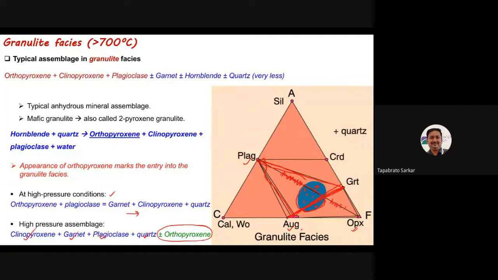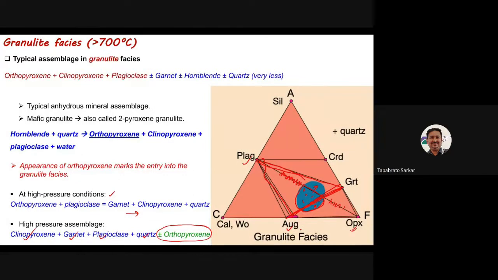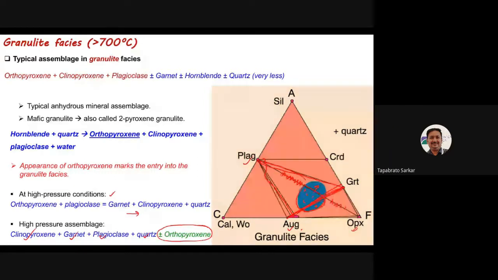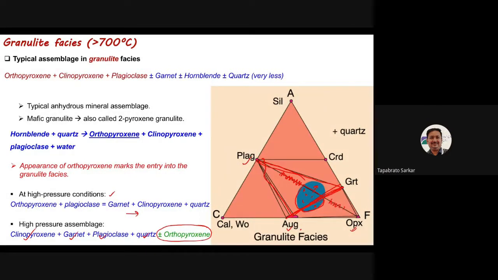And as I said, as these are solid solution minerals, the reactions don't take place at a particular pressure and temperature. These are all sliding reactions, which means they take place over a range of pressure and temperature conditions. So many times in natural rocks, we find all four minerals together: garnet, orthopyroxene, clinopyroxene, and plagioclase.